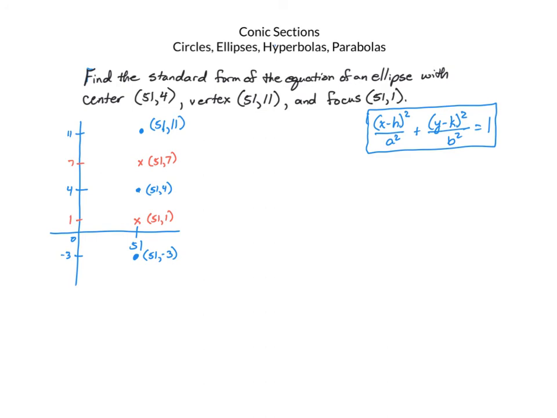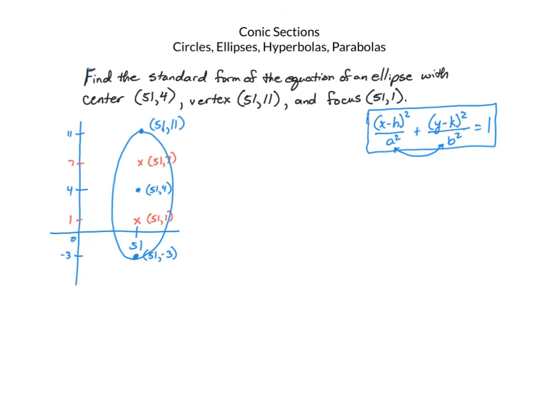And I know that my major axis is vertical. So I could draw a rough sketch of this ellipse looking something like this. So I know now that my a's and b's are actually in the other order. They should be switched because the bigger number will be underneath the y squared.